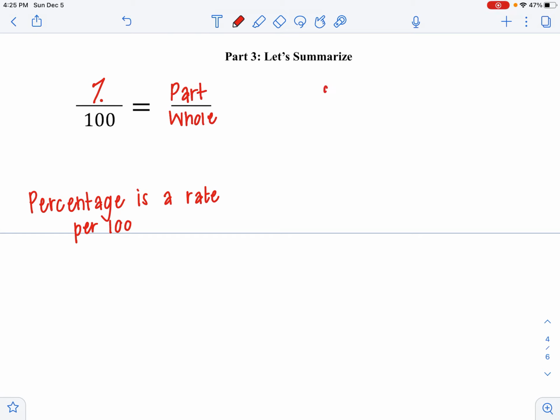And another way to think about this is a percentage is just a ratio. Percentage to 100 is always an equivalent ratio to part to whole. And so if you know 2 out of 3 of these pieces of information, percentage, part, and whole, you can calculate the missing value by simply completing the equivalent ratio.